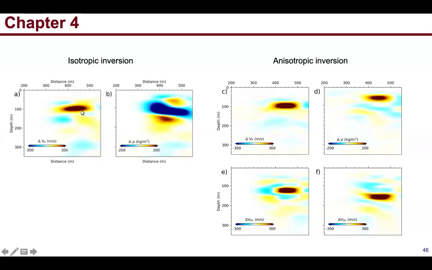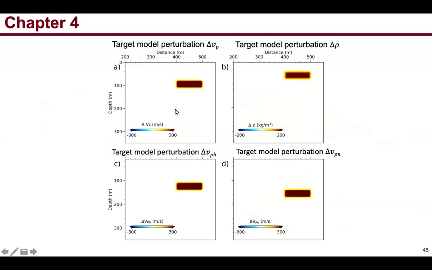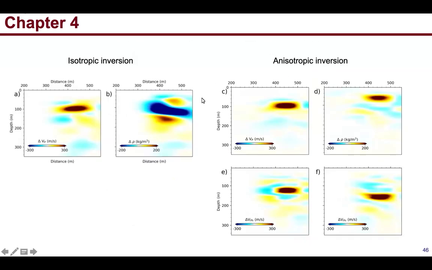We can find VP can be recovered generally, but the density is a disaster compared with our true model. So usually we call density the garbage collector in our FWI, right?